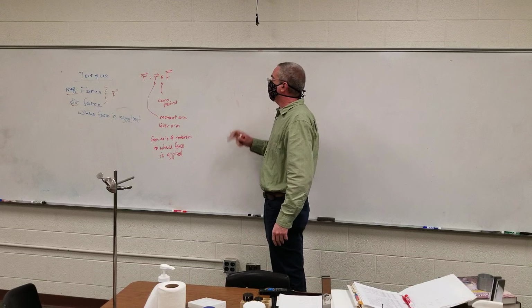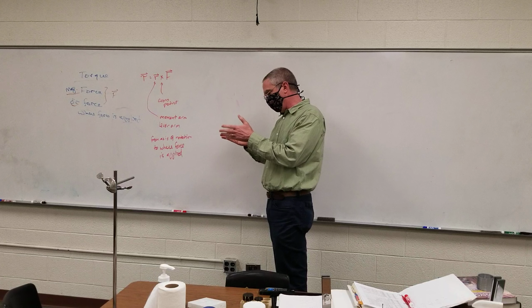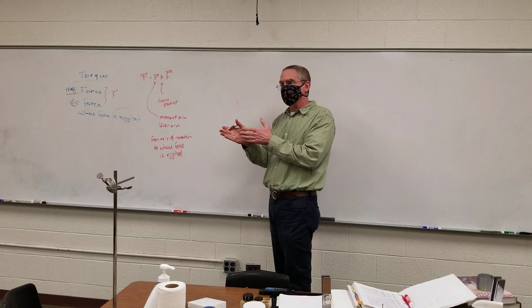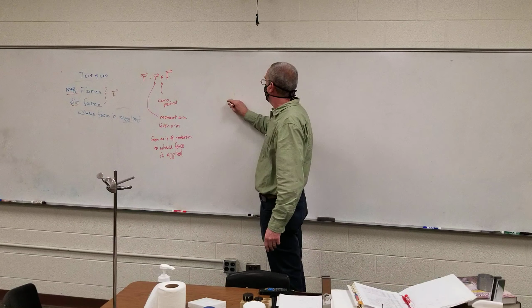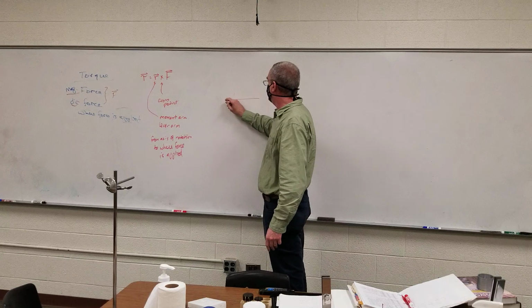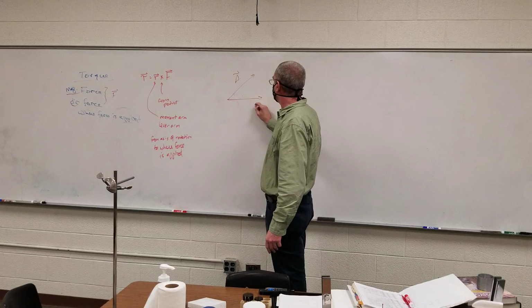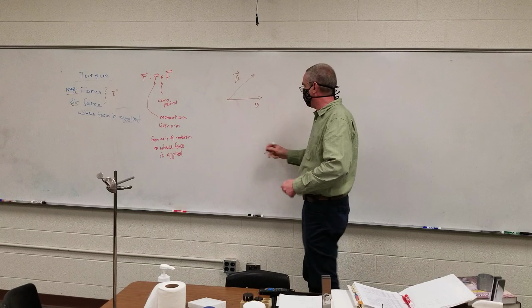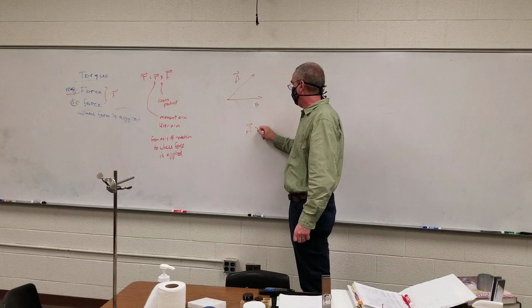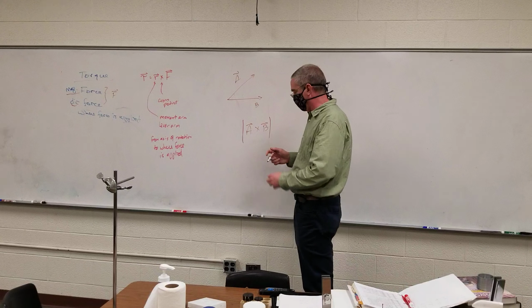All right, so cross product, unlike the dot product which cares about parallel components, cares about perpendicular components. So if I have A and B, and I want to figure out the cross product of A cross B, first off, let's talk about the magnitude of it.